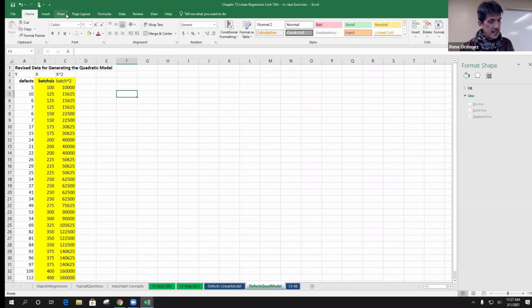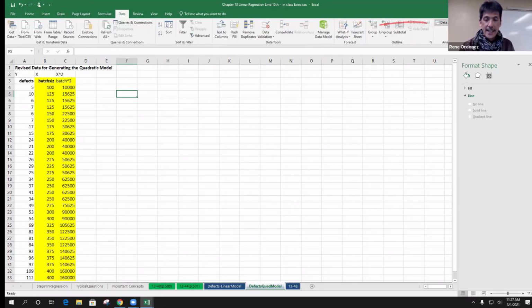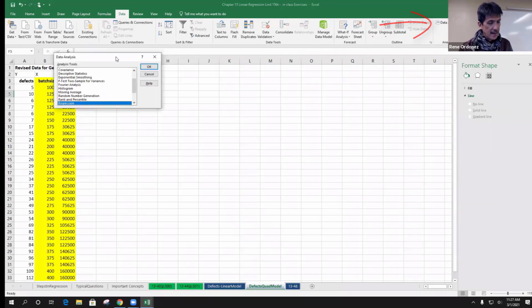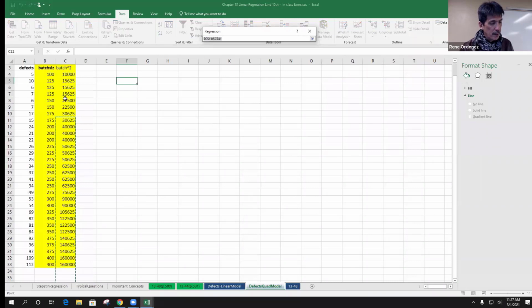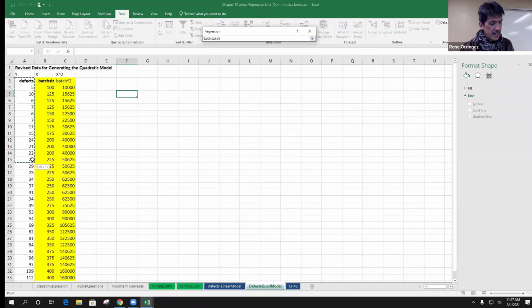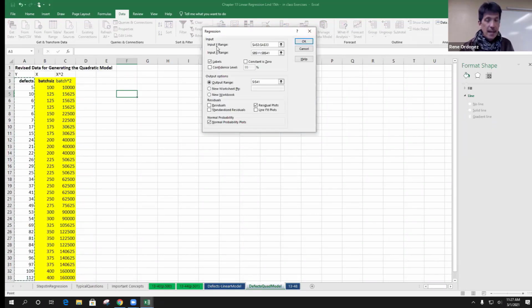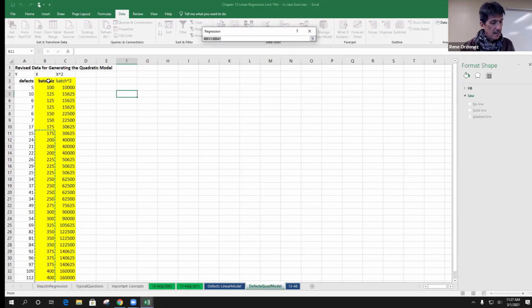All right, so we will select data analysis, regression. The input Y range would be defects, and the input X range will be the batch size and batch squared columns. You have to make sure that the independent variables are in adjacent columns.